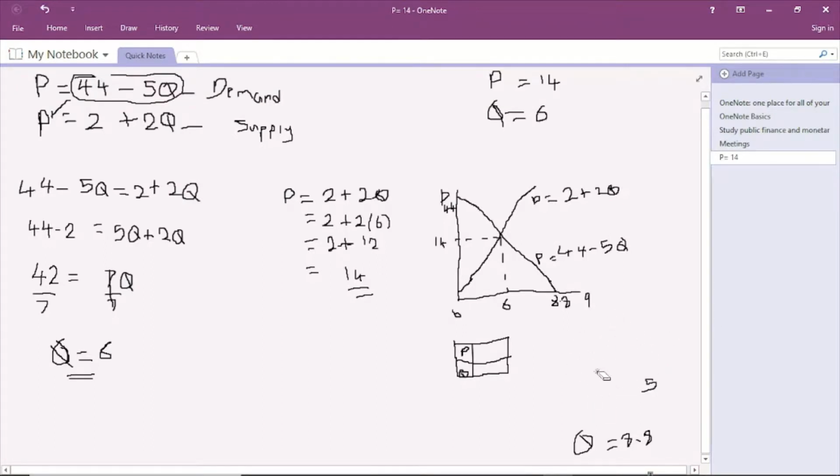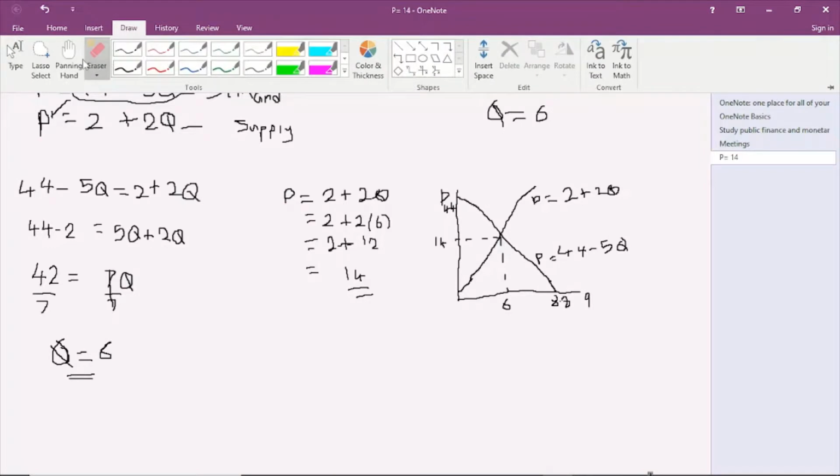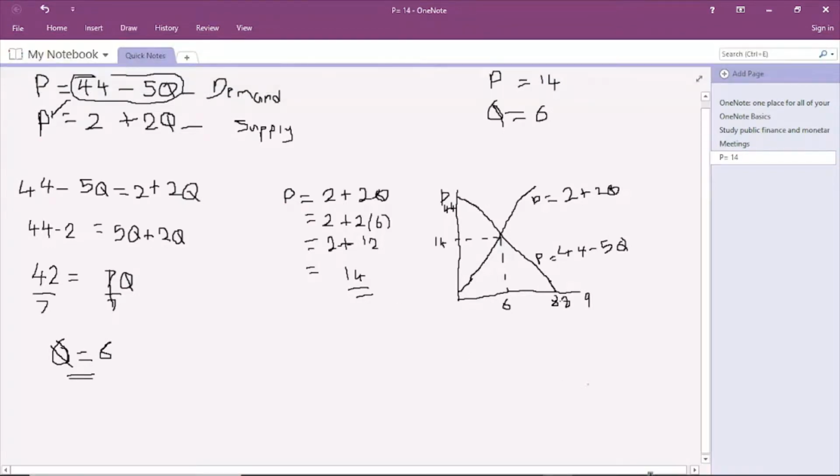Okay, so I've showed you how you can make the graph for the demand. Let me just show you now how you can make the graph for the supply. So you have the supply, which was 2. Just 2.